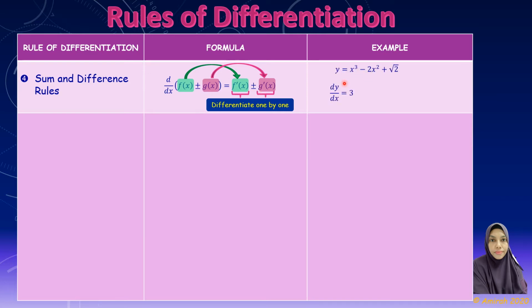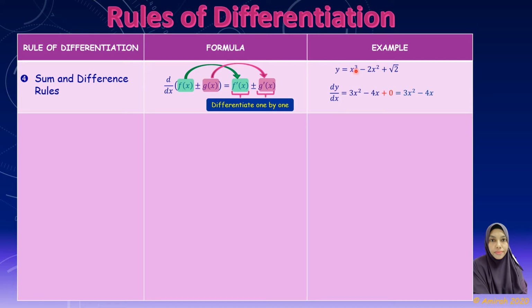Okay, for example, if we have y equals x cubed minus 2x squared plus 2, when we differentiate y, the symbol is dy over dx.